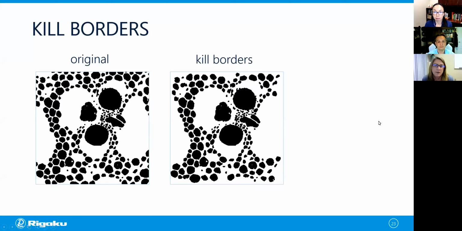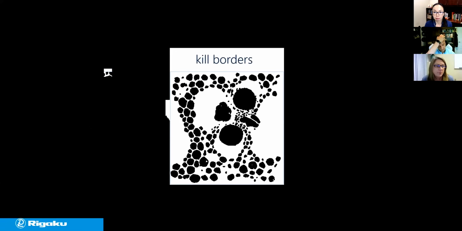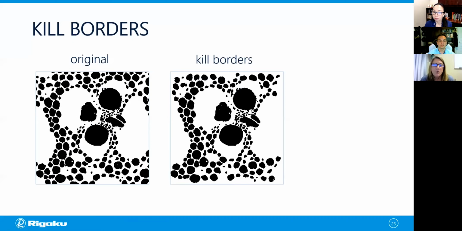Now, why would we want to do that? So let's say, for example, that we wanted to do some quantitative analyses. And in that case, we want to ask, what's the distribution of size for the ROIs? And we don't want our quantitative analysis to be influenced by those truncated ones that intersect the border. So kill borders eliminates them prior to some quantitative analysis.